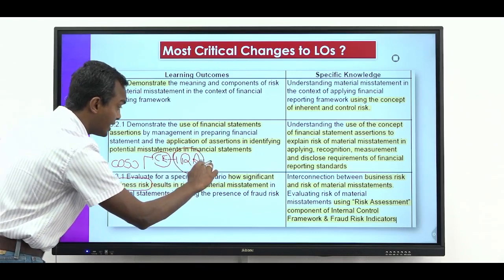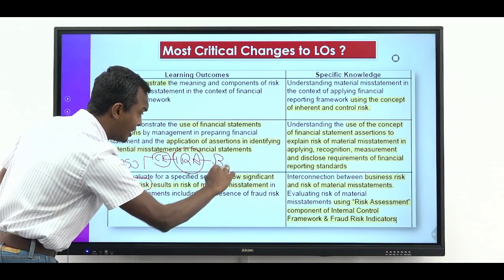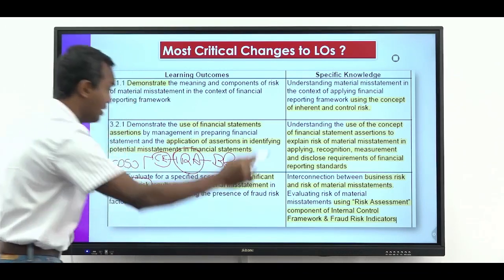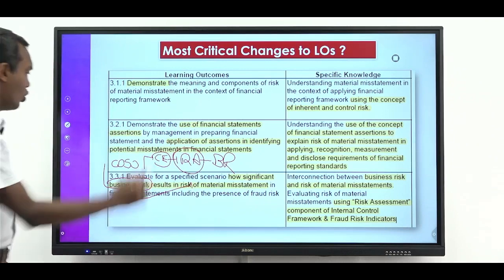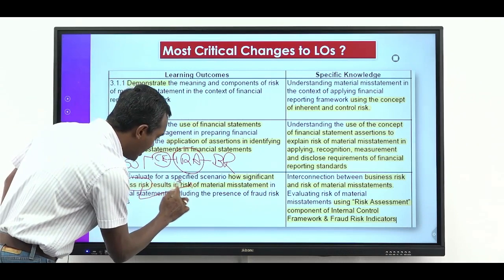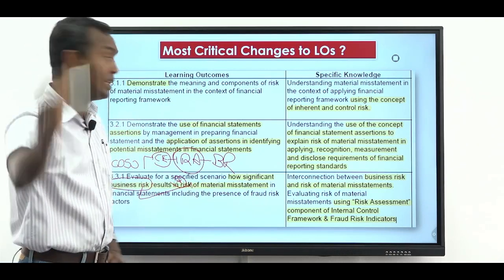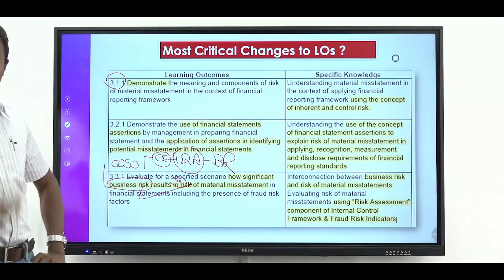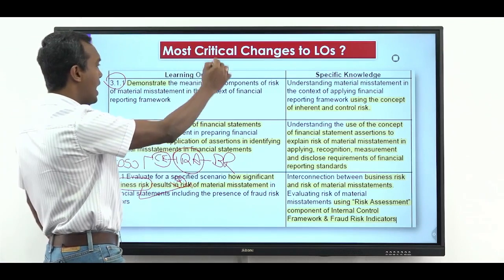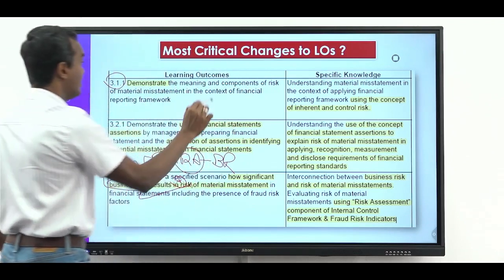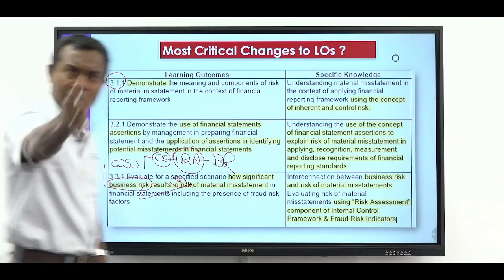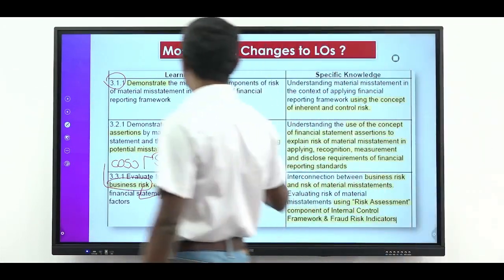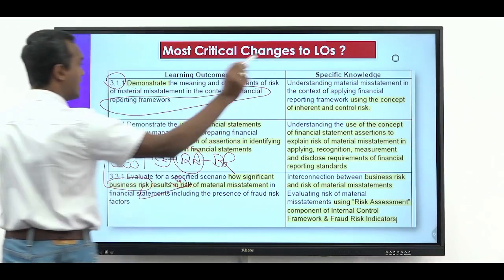In this risk assessment, if there is any business risk, whether that business risk is going to result in a risk of misstatement. So your understanding of what is risk of misstatement is the key, and that is the very first learning outcome: demonstrate the meaning and components of risk of misstatement, not in the context of auditing, but in the context of FRF. So what is FRF?